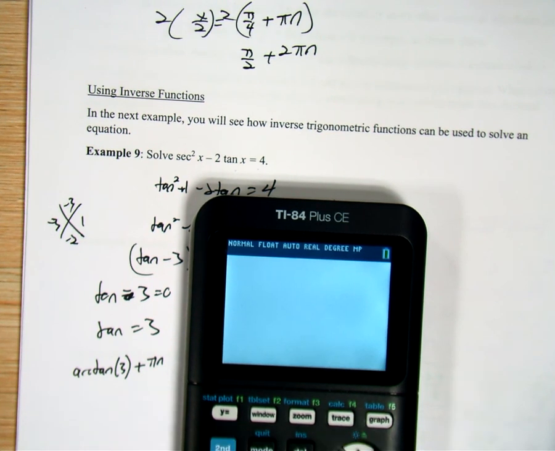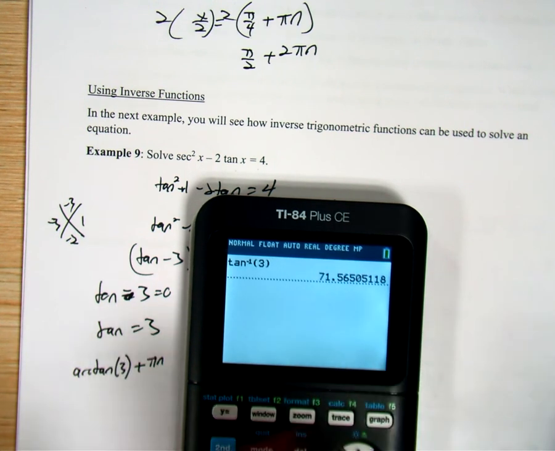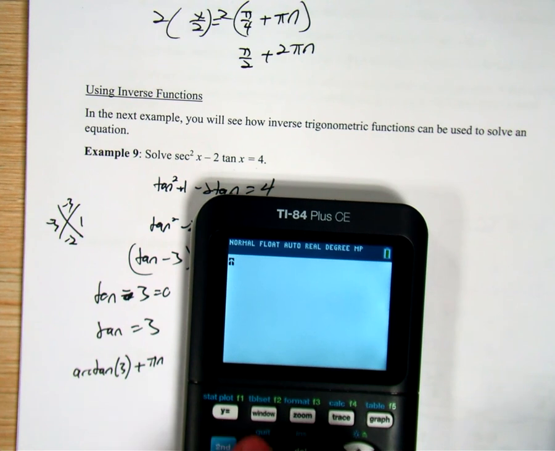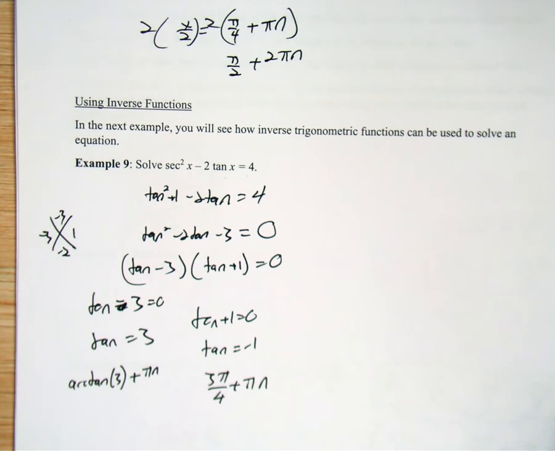So we want tan inverse of 3. 71 point, see, it's not going to be very pretty in degrees, which means it's going to be even less pretty in radians. So that's why they leave it like that.